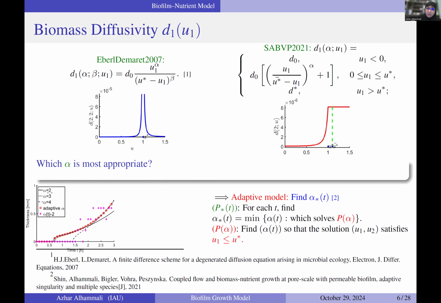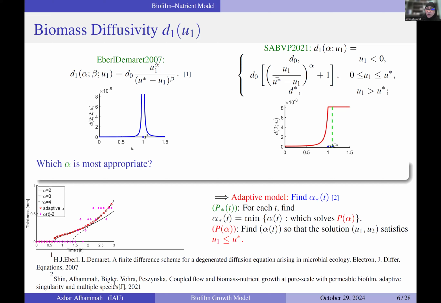When alpha, for example, equals 2, as you see here, this is the solid line, we see that the growth started at this time, 0.6, and it diffuses slower than the other cases, compared to alpha 3 and alpha 4. When alpha equals 4, we see that the growth is delayed, okay, but it diffuses very fast. Now, so we need to select alpha such that none of these processes, the growth and spreading, overtake the others.